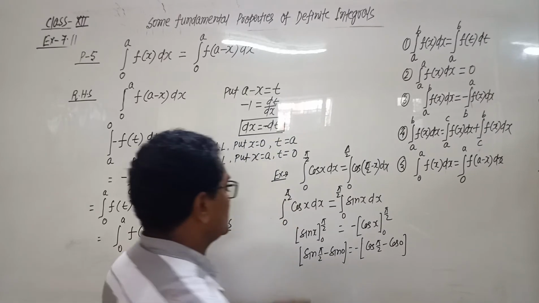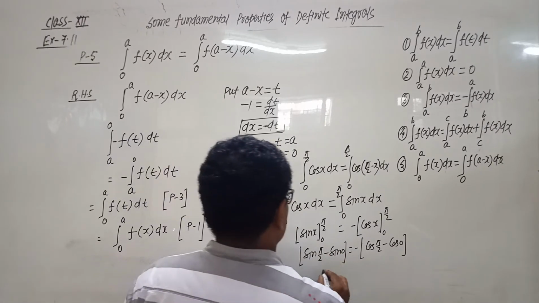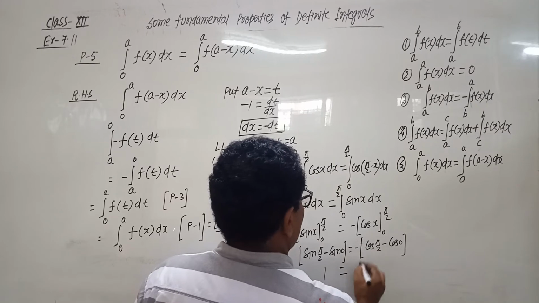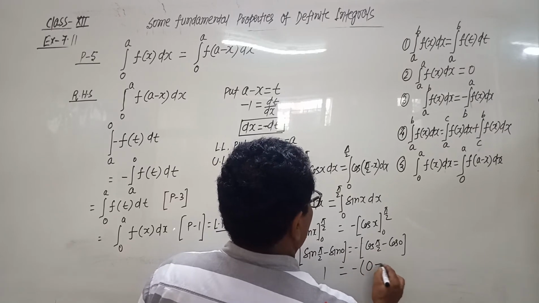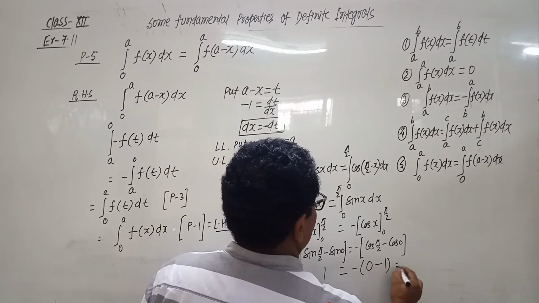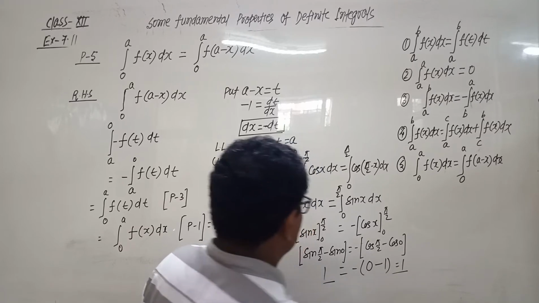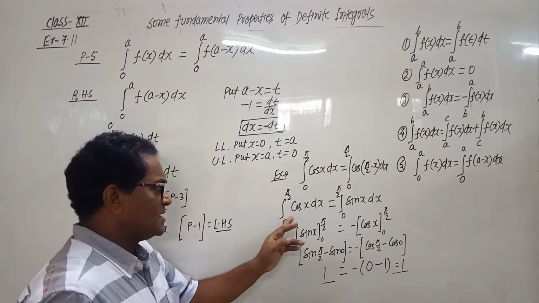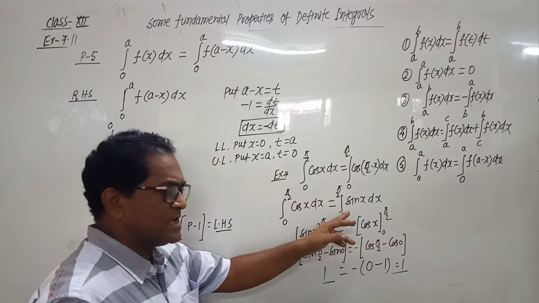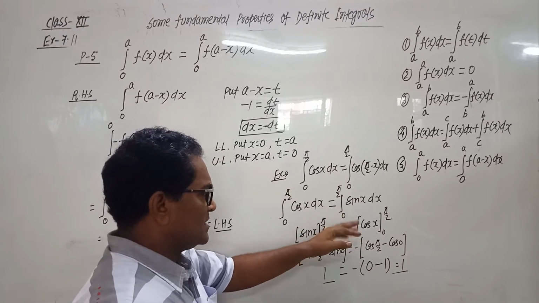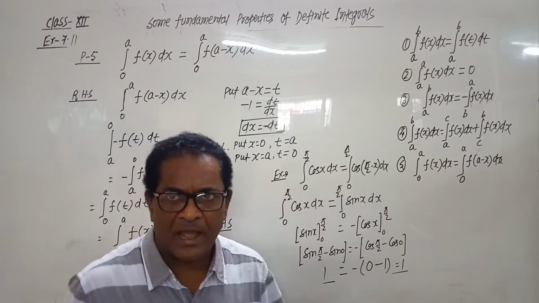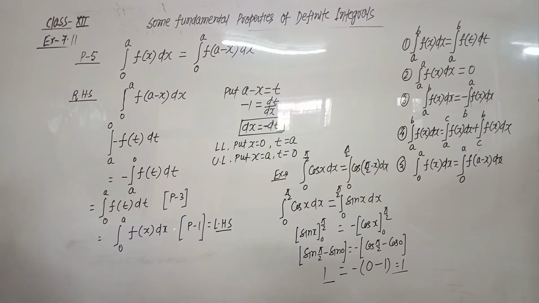Sin pi by 2 is 1 and sin 0 is 0. Cos pi by 2 is 0 and cos 0 is 1. So minus minus is plus 1. So we get the same value. The integration 0 to pi by 2 of cos x dx gives the same value as the integration 0 to pi by 2 of sin x dx.